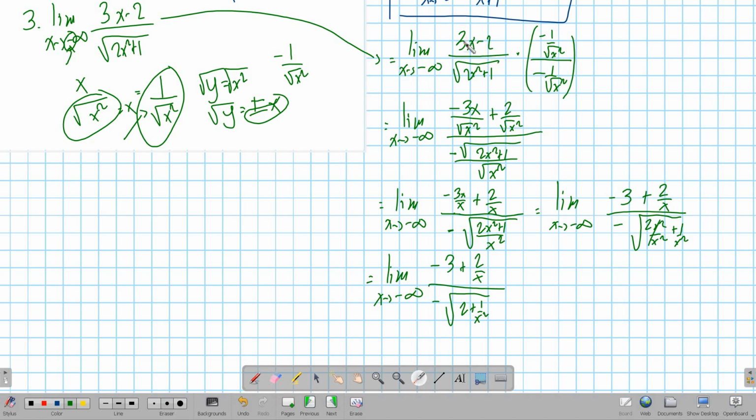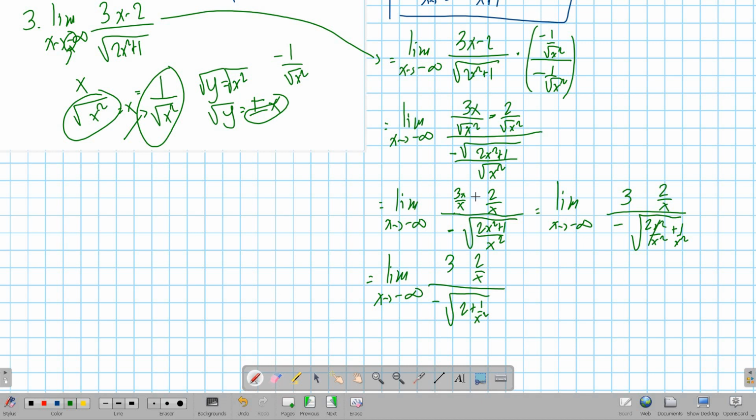However, this is a special case because this is a square root. So here on top, let's correct that. This should have still been positive and this should still have been negative. Let's make these corrections.